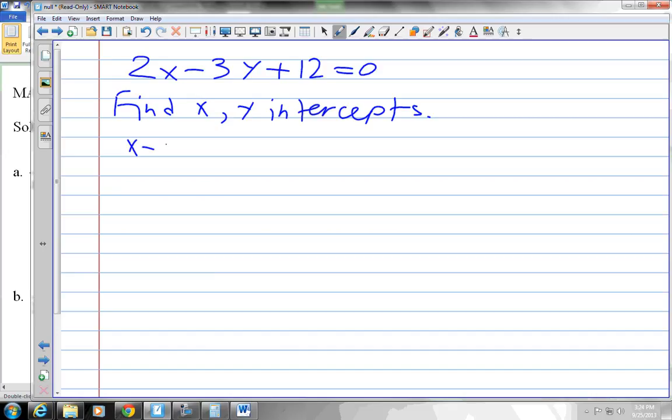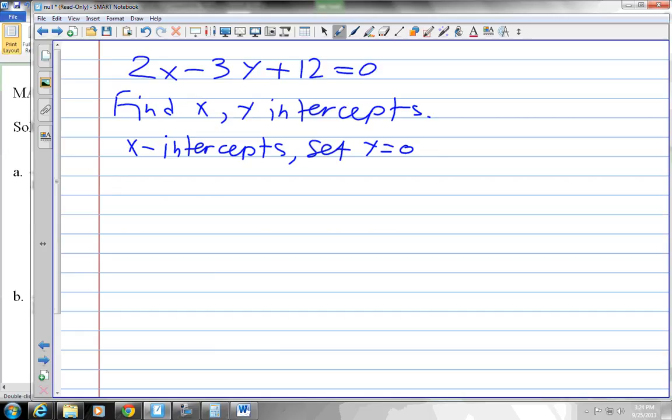So for x-intercept, set y equal to 0. The way I like to do that, you can do it in your head. Just cover the y term, so you have 2x plus 12 equals 0. Right? That's what it means to set y equal to 0. So can you solve that equation?